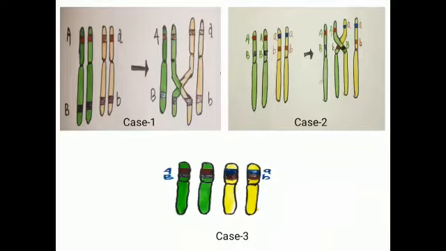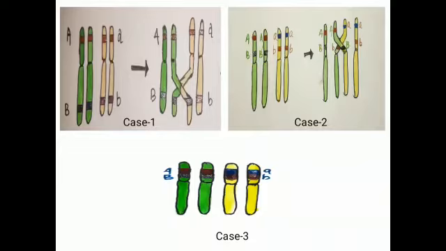Now observe case 2, when gene A and gene B, that is capital A and capital B, you can observe they are a little closer than in the previous case. Similarly, you can observe small a and small b are also a little closer than in the previous case.